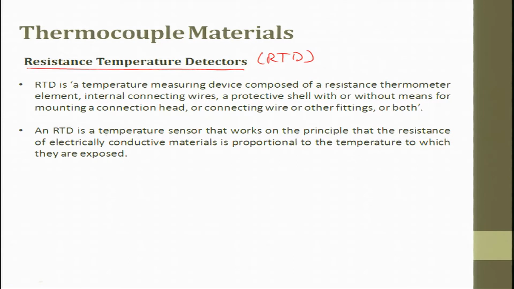An RTD is a temperature sensor that works on the principle that the resistance of an electrically conductive material is proportional to the temperature to which it is exposed. So, here temperature is proportional to the resistance.